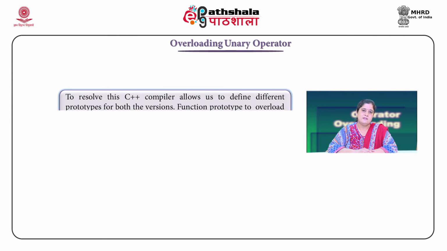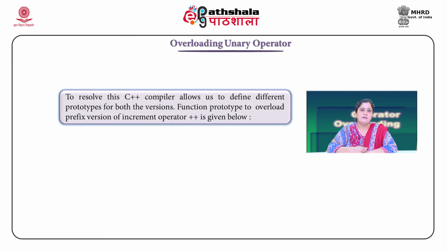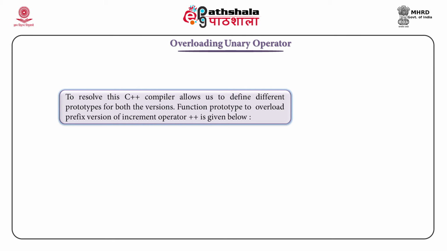C++ allows you to define a different prototype for the postfix version and a different prototype for the prefix version. The prefix version of the increment operator can be overloaded as follows: return type, keyword operator followed by the plus plus unary operator, and no argument.